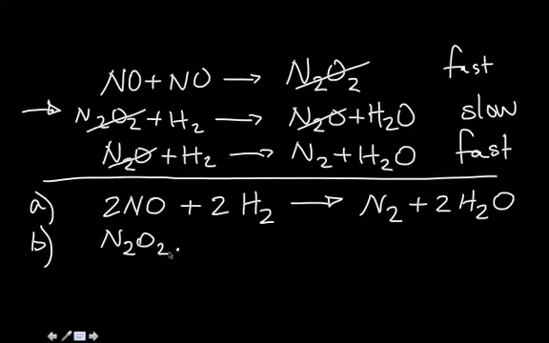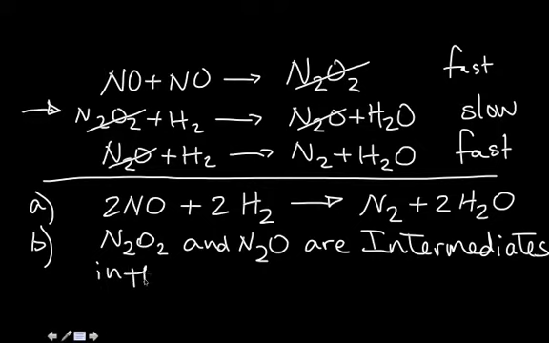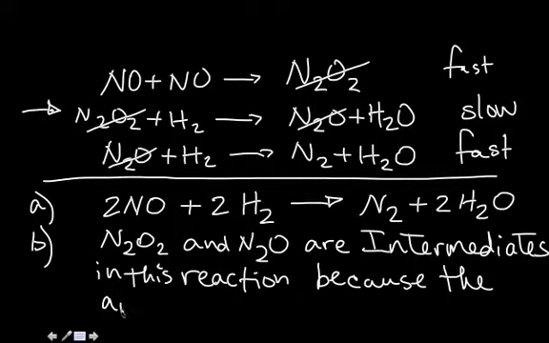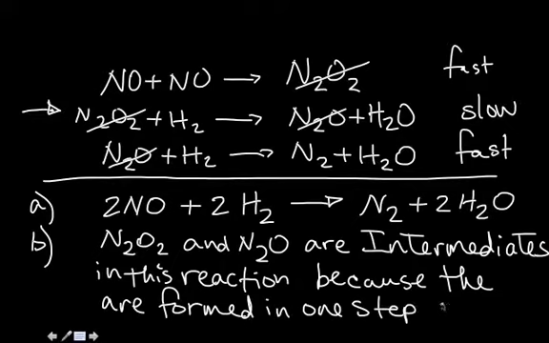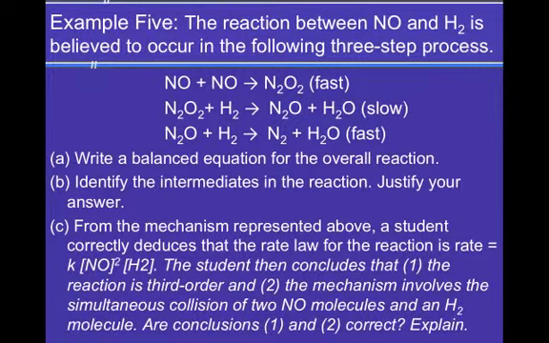So we would identify N2O and N2O2 as intermediates, and our justification is that they're formed in one step and consumed in the other. There we go. All right, let's look at part C.